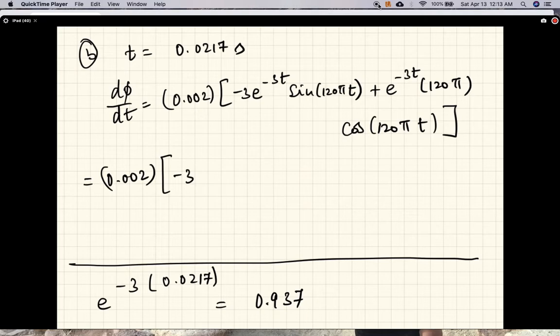So let's write that down: 0.937 and sine 120 pi times 0.0217.